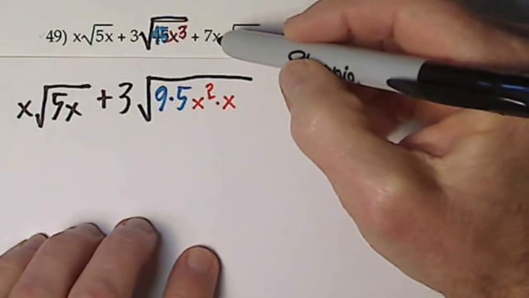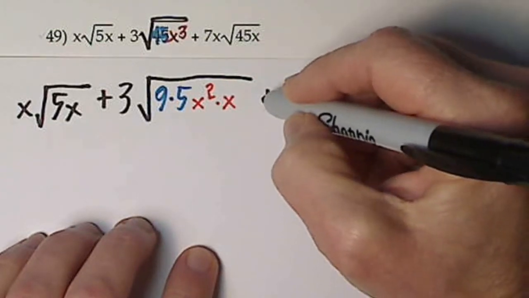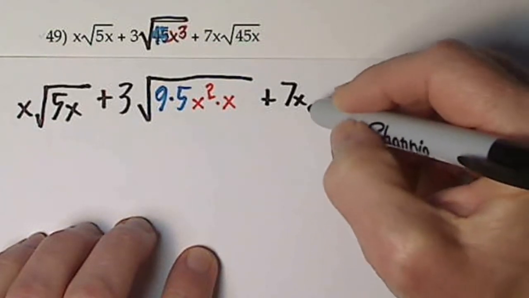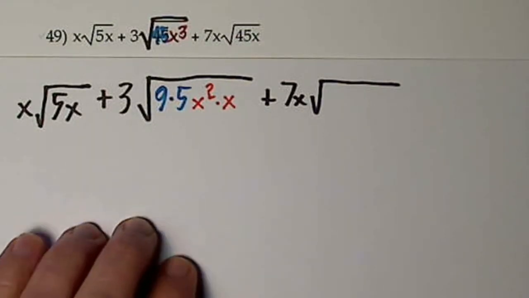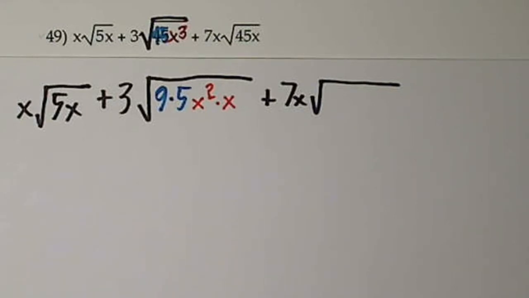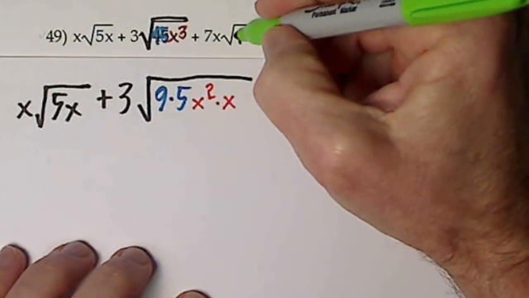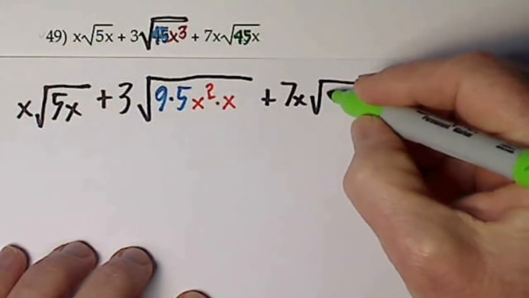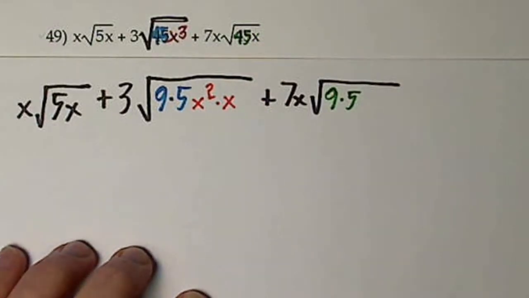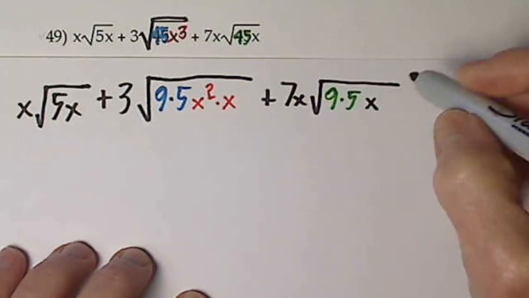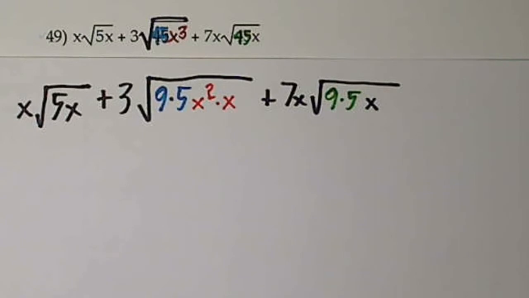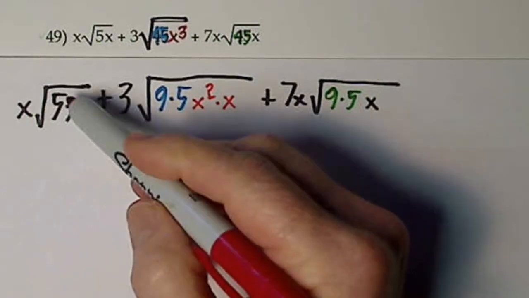We'll turn our attention over here now. So I'll bring down this plus 7x, and let's see if we can rewrite what's under the radical. The 45, all right, this 45 can be written as 9 times 5, and the x is just going to come down as it is. I can't break that up at all. And now let's see what we can get out from under the radical, okay? This first one, nothing will come out.